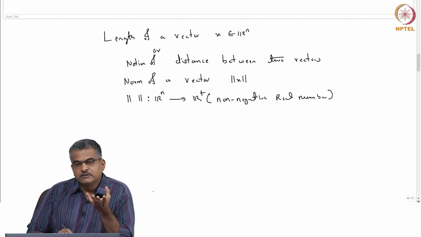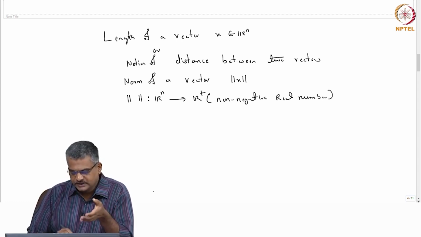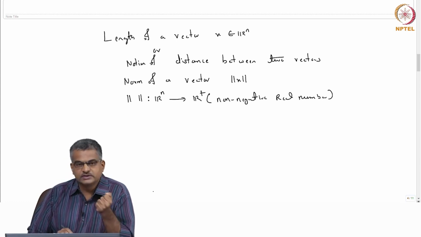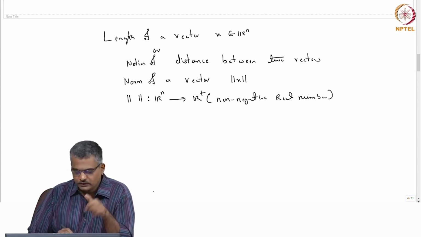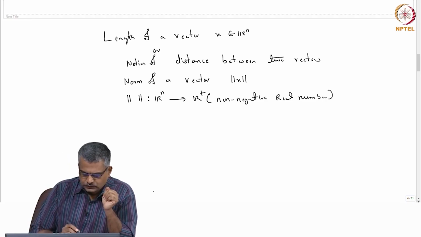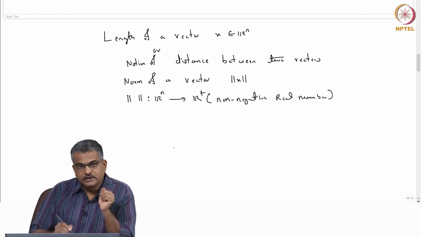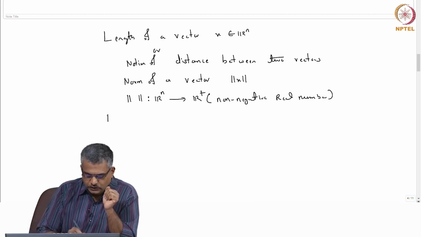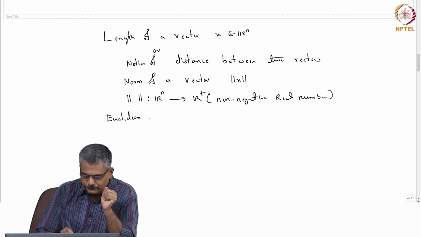So, we are familiar with some properties of distance, so let us see whether they hold for this object that we have defined called the norm of a vector. Before I list out the properties of the norm of a vector, let me give an example of what is known as the Euclidean norm. This is one way of defining a norm.